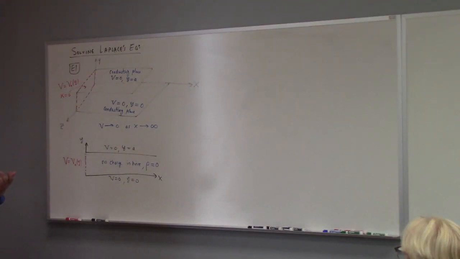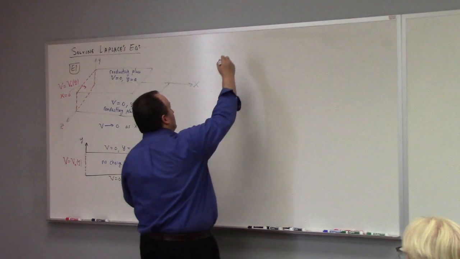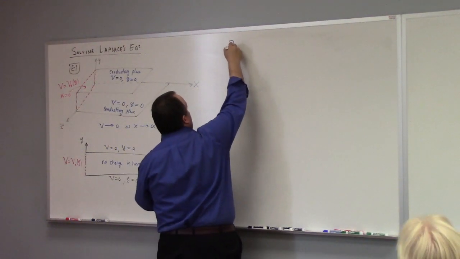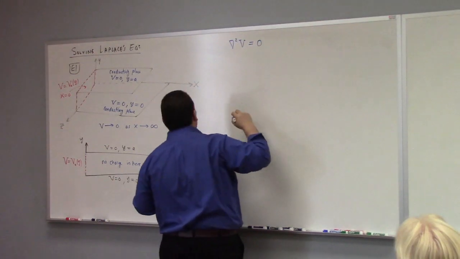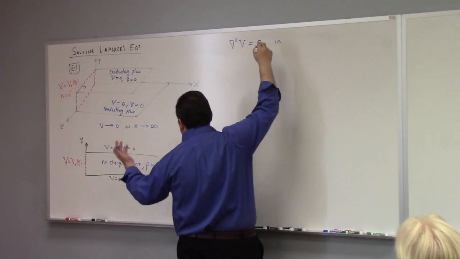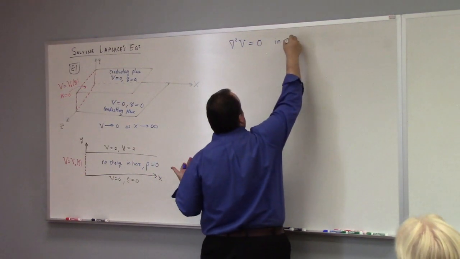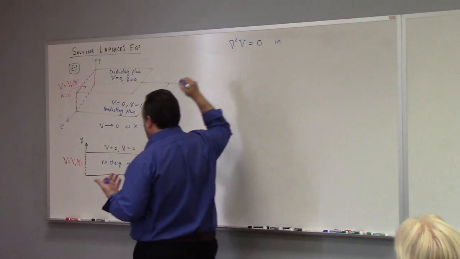So what does that mean? We face Laplace's equation. So we have to solve the Laplacian equals 0. Let's give the space a name. I really hate using that V. What do you guys want to call this region?